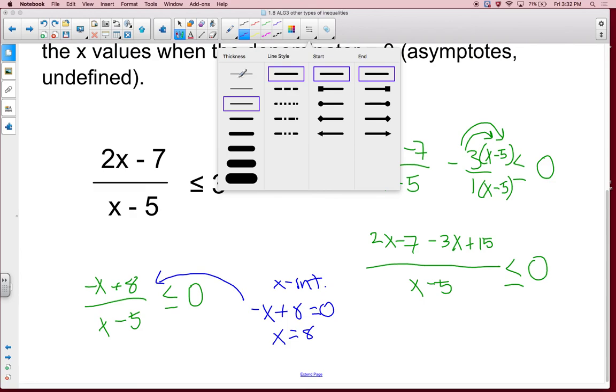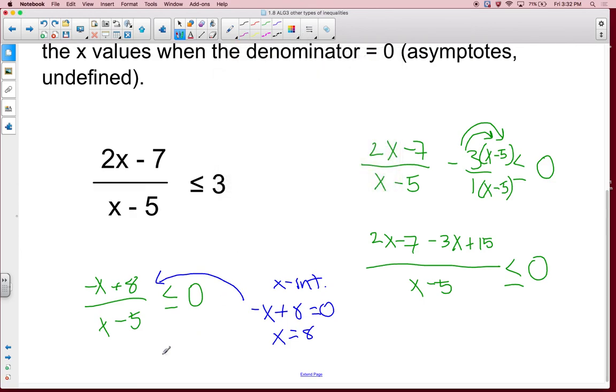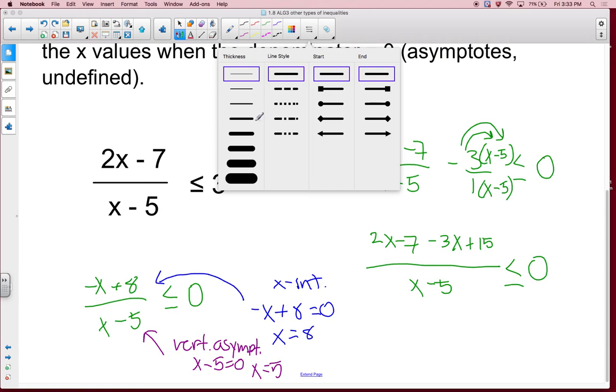Along with, if I set the denominator equal to 0, this is also a critical value, and this is going to give you the vertical asymptote. Hopefully we remember that from Algebra 2. So x minus 5 equals 0. Therefore, x equals 5 is my other critical value. Okay, so I have two critical values.